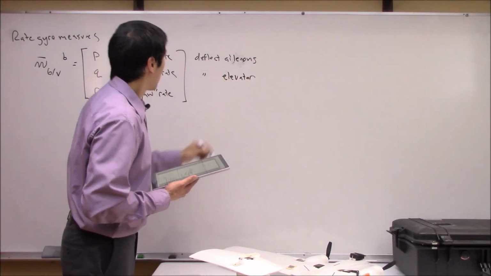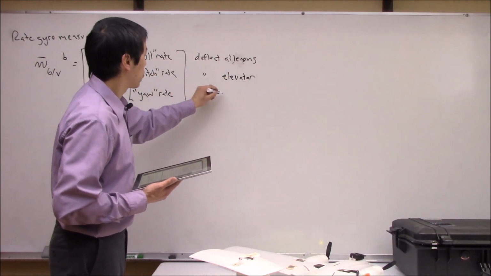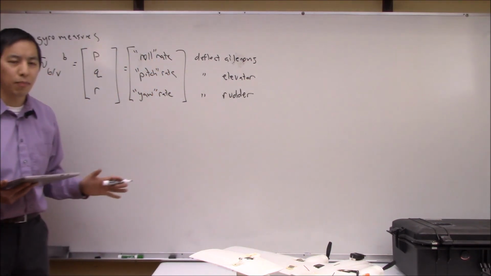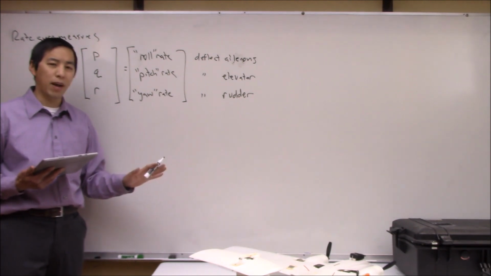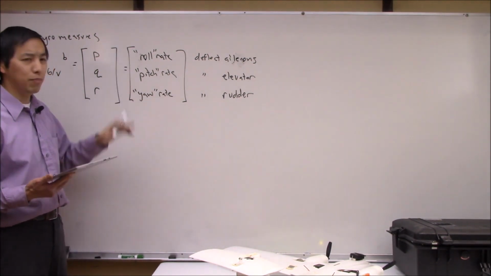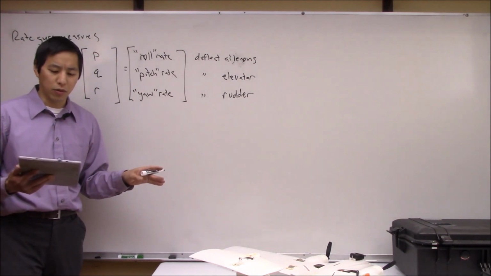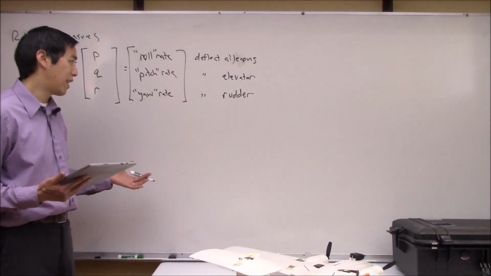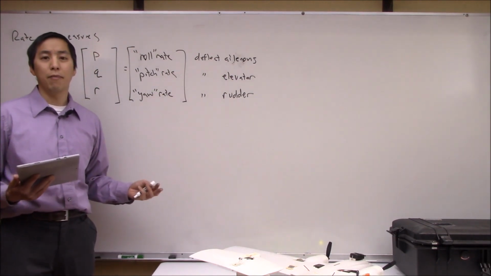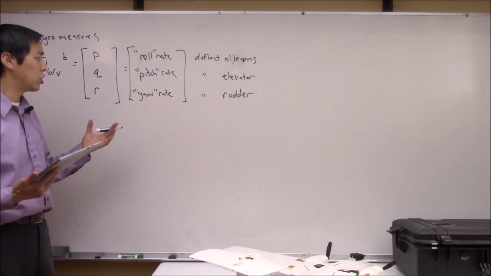And finally, to get a yaw rate, you deflect the rudder. Of course, many of you pilots know that if you step on the rudder pedal and deflect the rudder, it's going to yaw, but you'll probably also get some roll and some pitch at the same time. But forget about those secondary effects; we're not terribly interested in that right now. For the most part, this is a shooting-from-the-hip interpretation of what these roll, pitch, and yaw rates are.